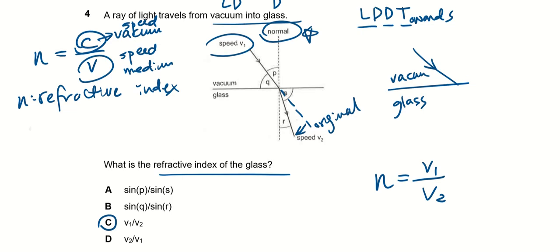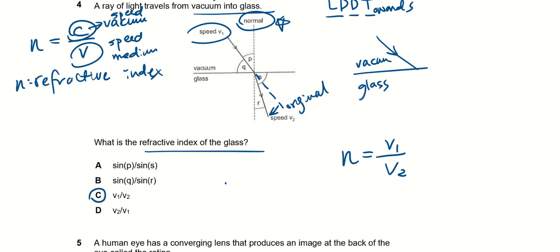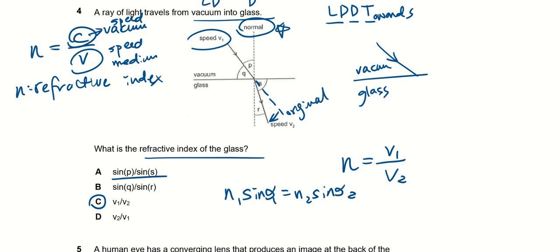But how about if we use n1 sine theta 1 equals n2 sine theta 2, because we see there's sine P over sine S and sine Q over sine R. First of all, P is the angle of incidence and R is the angle of refraction.